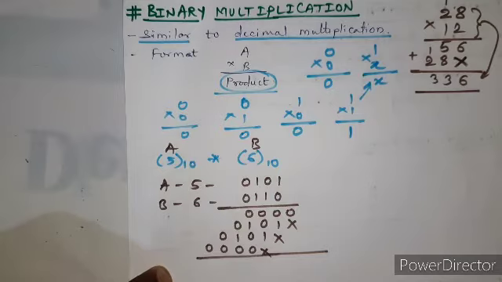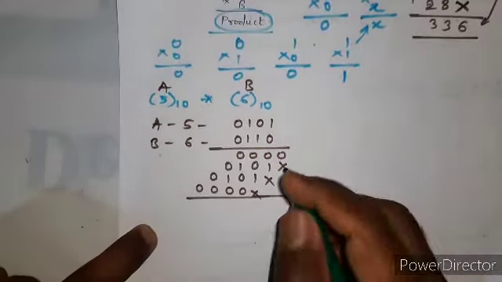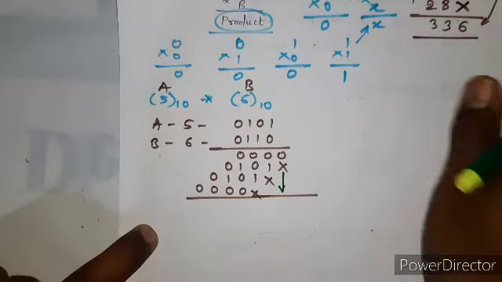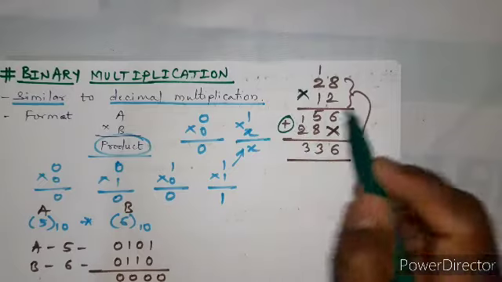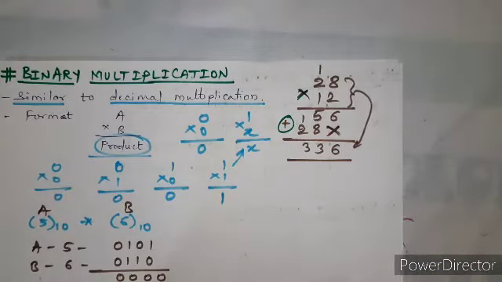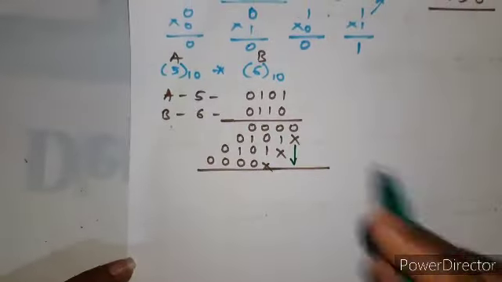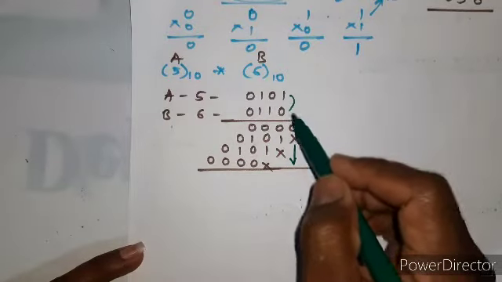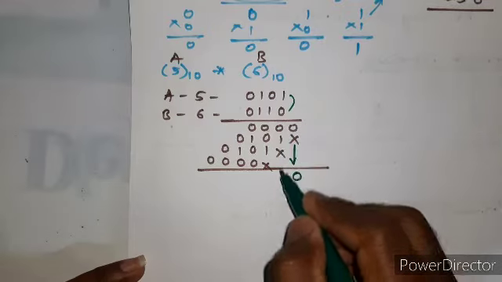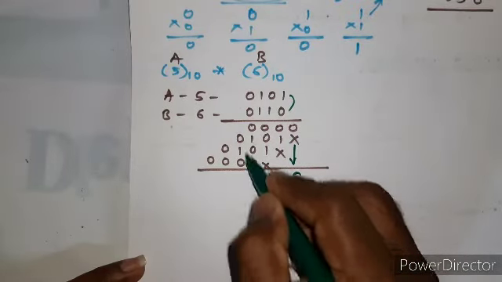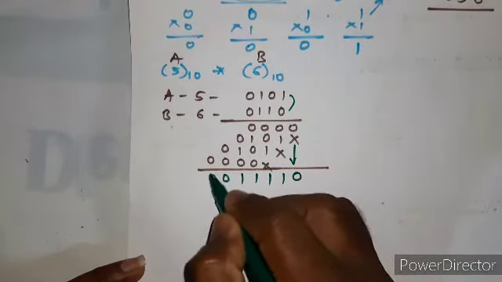Simply we are supposed to add these bits. Now here you can see in this example, first we have multiplication and then we have addition. Similarly, first we have binary multiplication and then binary addition. So this is 0, this is 1, this is 1 1 1 0 0.